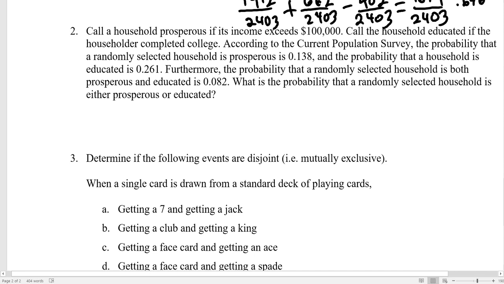We're going to call a household prosperous if its income exceeds $100,000. Call the household educated if the householder completed college. According to the current population survey, the probability a randomly selected household is prosperous is 0.138.